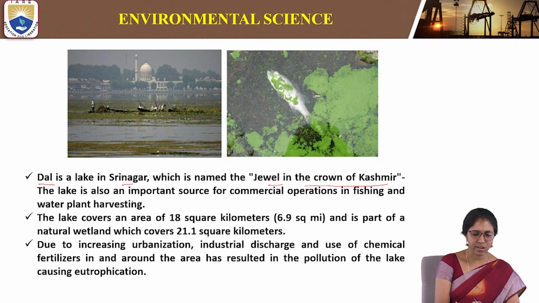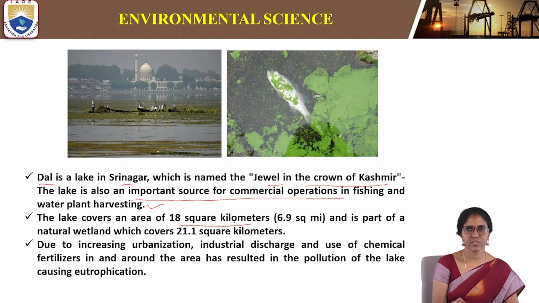The lake is also an important source of commercial operations in fishing and water plant harvesting. It covers an area of 18 square kilometers and is part of a natural wetland which covers 21.1 square kilometers.